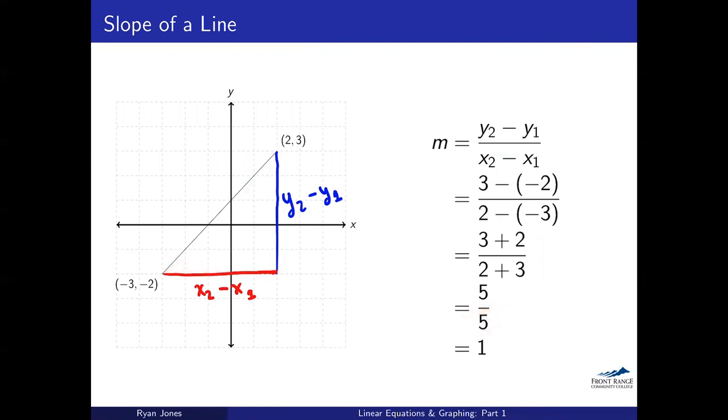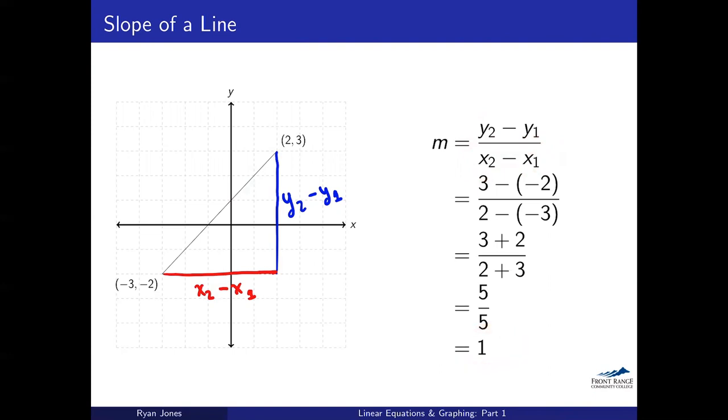And so what we're looking at here with this slope, it makes sense, right? If you think of something as being really steep, that means that if you move horizontally, you're going to move a lot vertically, and that's going to give you a larger value for this fraction, because if your change in y is a lot more than your change in x, then you have a larger number on top than you do on bottom, and that's going to yield a larger final value.